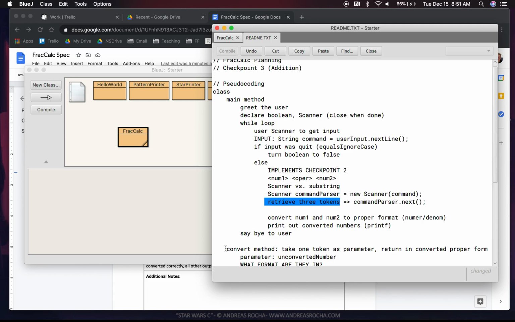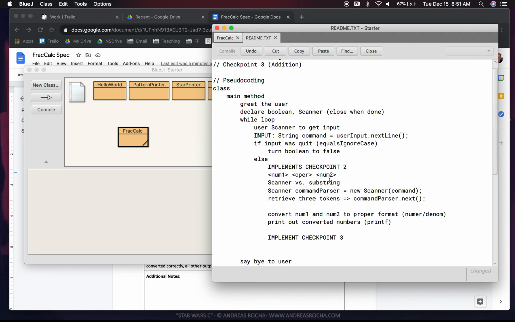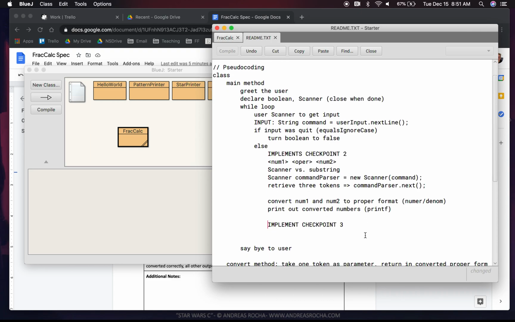And hopefully you used a convert method or something similarly clean to convert number 1 and number 2 to the proper format. And now this is the part where we have to implement checkpoint 3. So the first part of our else statement was checkpoint 2, standardizing the inputs. Now that the inputs are standardized, we need to do checkpoint 3.